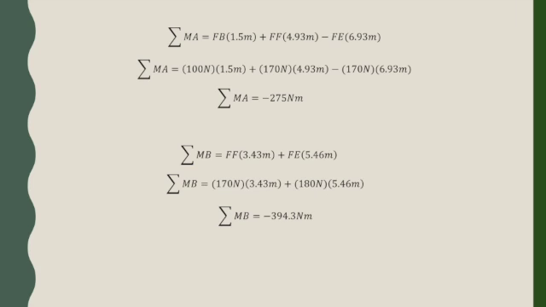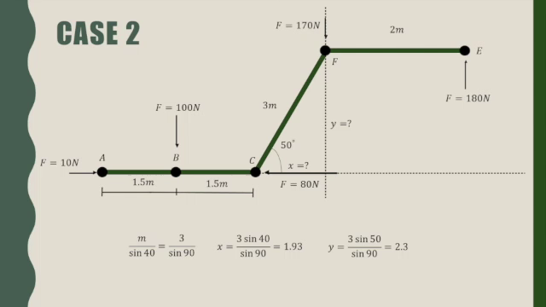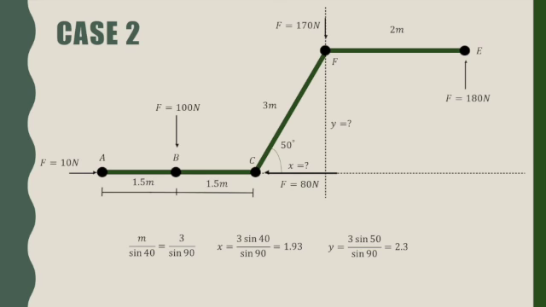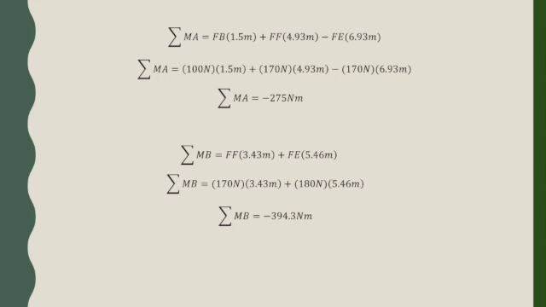Then the force at F, that is 170 newtons, using the principle of transmissibility, we need to sum 1.5 and the distance of x, because we move that force to the same horizontal line as A. So that is 4.93 meters, and the distance from A to point E is 6.93 meters.